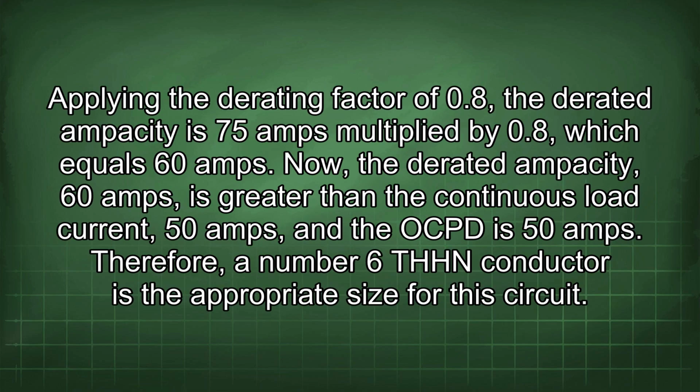Applying the derating factor of 0.8, the derated ampacity is 75 amps multiplied by 0.8, which equals 60 amps. Now, the derated ampacity, 60 amps, is greater than the continuous load current, 50 amps, and the OCPD is 50 amps. Therefore, a number 6 THHN conductor is the appropriate size for this circuit.